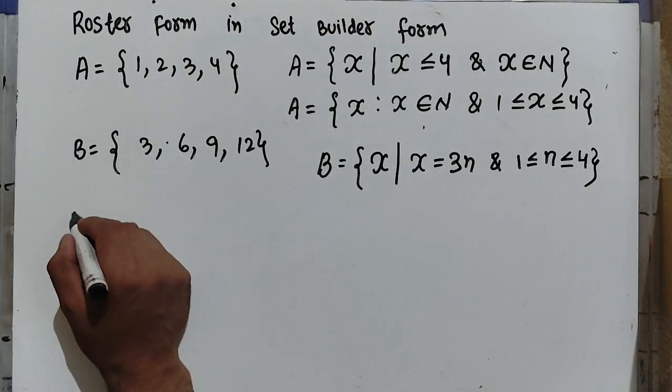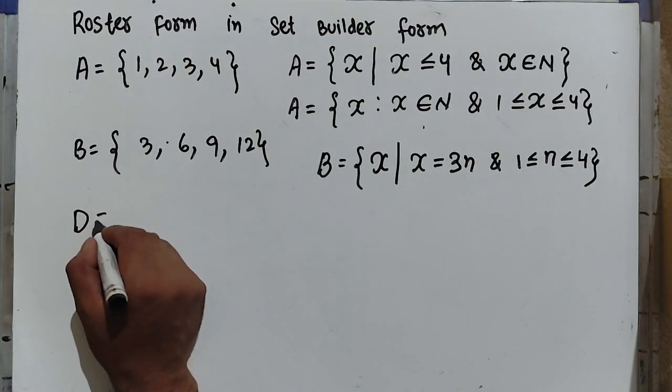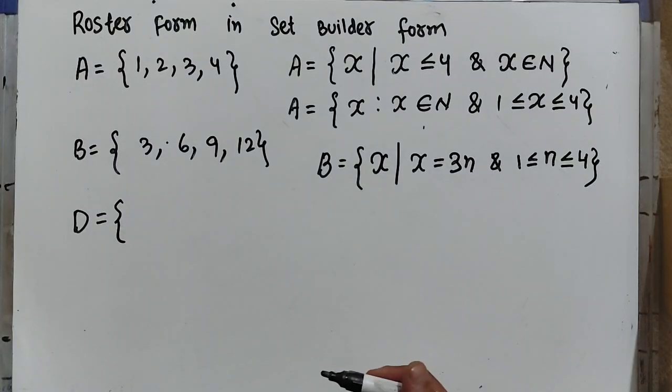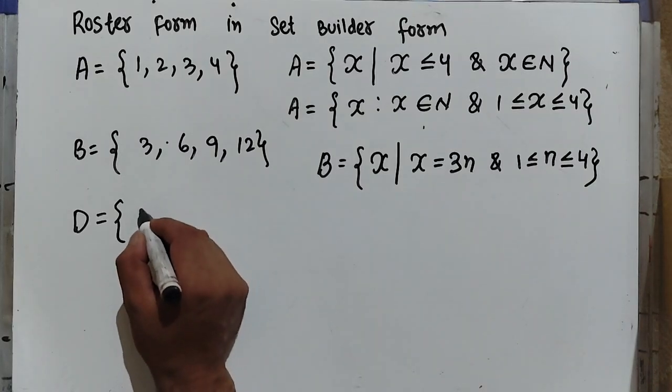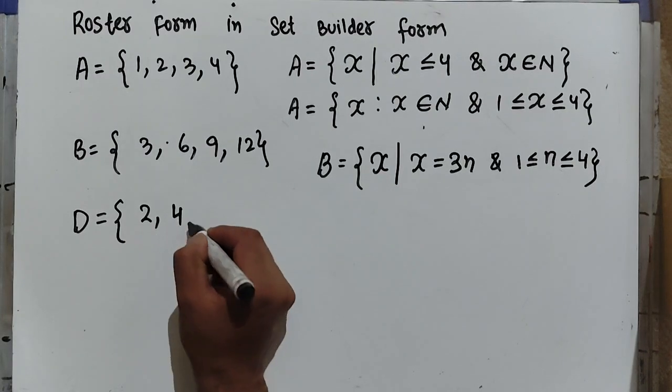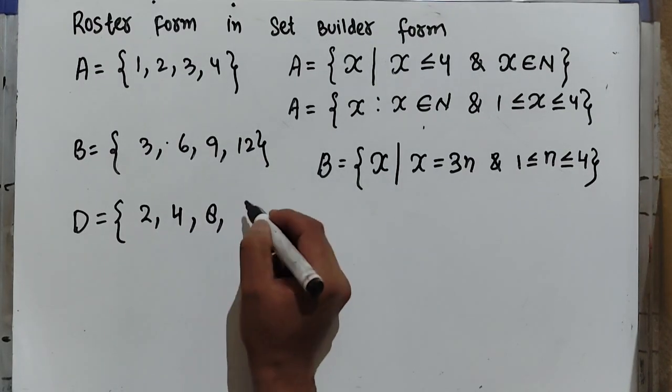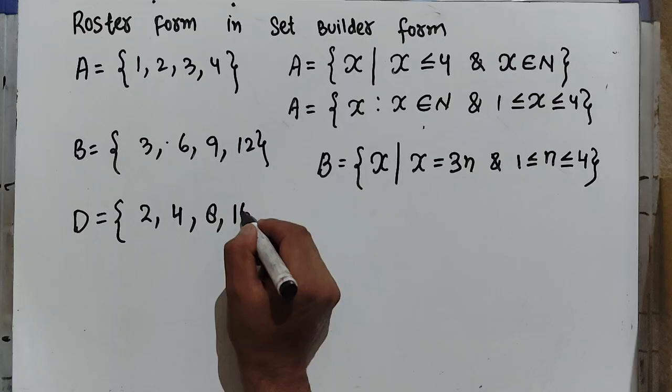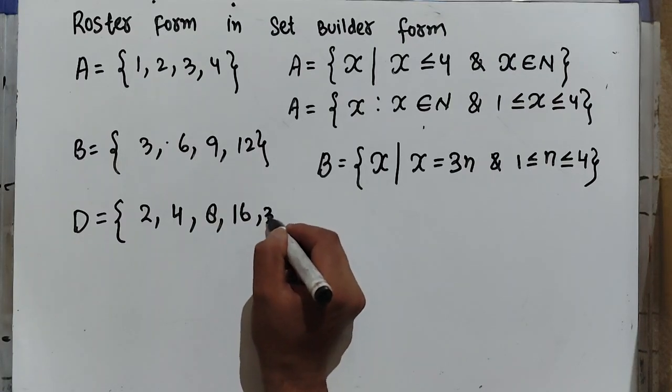Now let's take another example. Let us say we have set D in roster form like this. Let us take the powers of 2 this time. Let us suppose we have 2, 4, 8, 16 and 32.